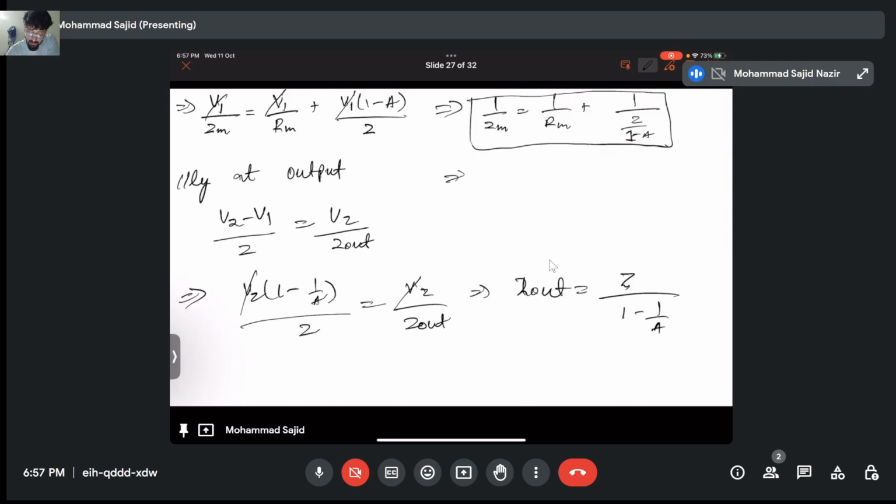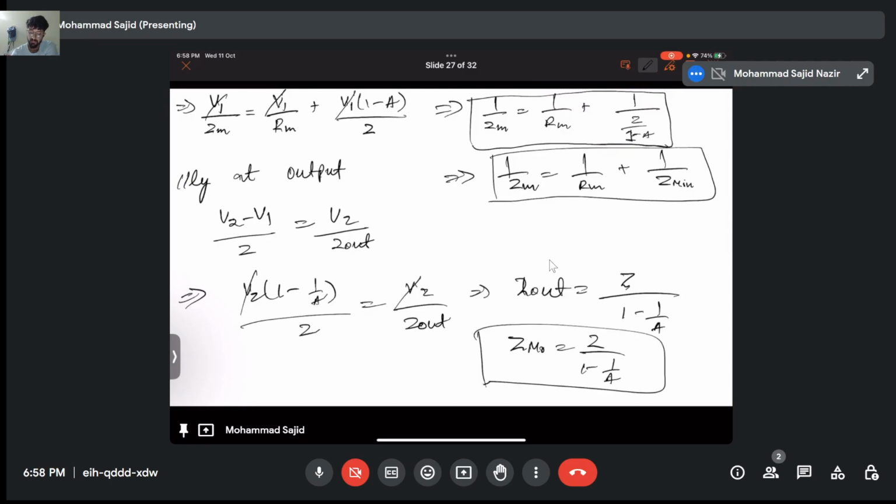Now look here, I can write 1 by Z in as 1 by R in plus 1 by Z Miller input, and this is Z Miller output.